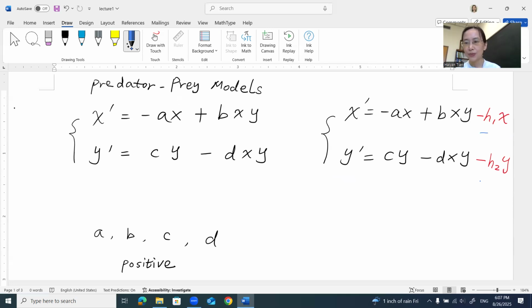So we also assume the harvesting will be proportional to the current level of population.